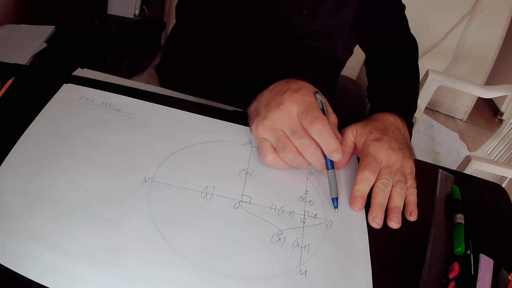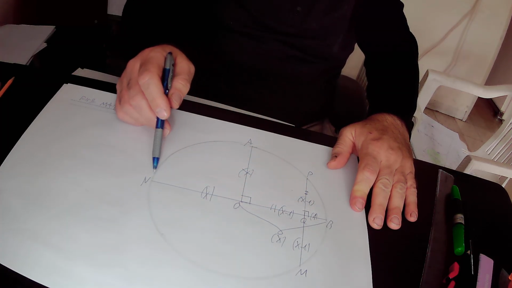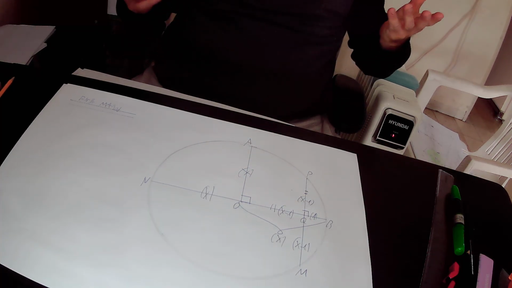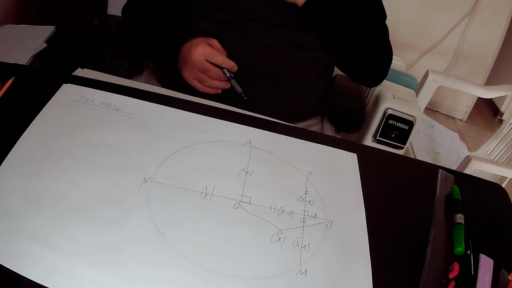This is chord NB that intersects with chord PM at point Q. All the requirements of Rule 65 are satisfied, and therefore we can implement it here.